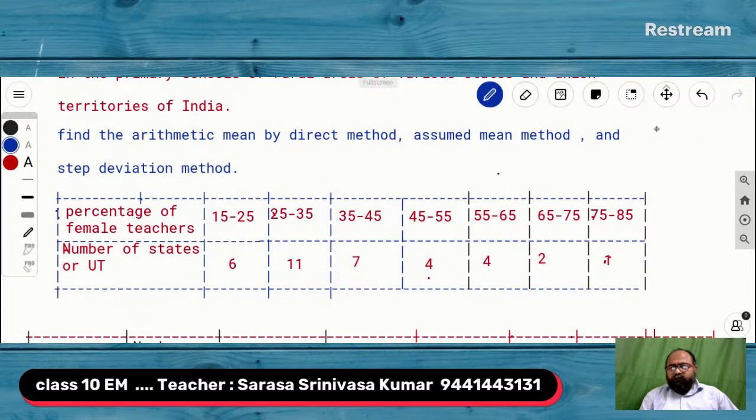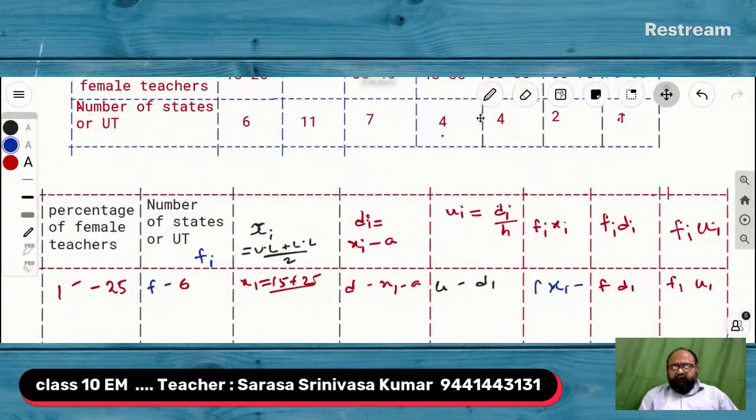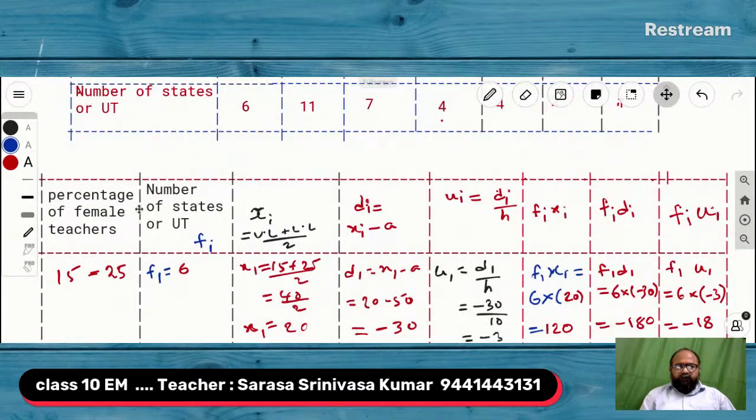Now we prepare the table containing eight columns. The first column is class intervals, percentage of female teachers. The second column is fi.